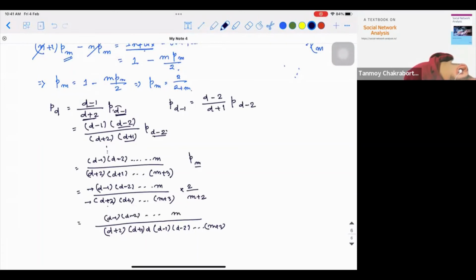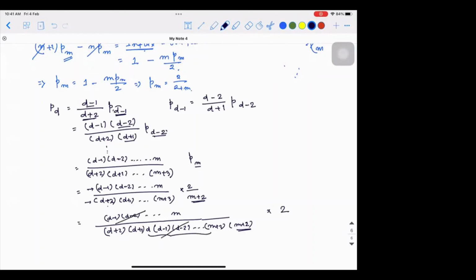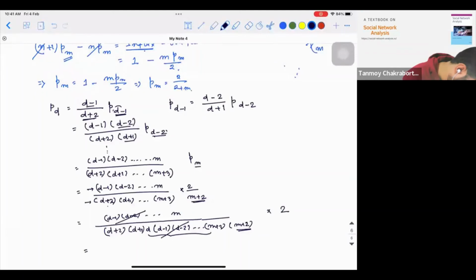Okay, so m plus 3, and you also have m plus 2 because m plus 2 is here. So from d to m, you can cancel out, right? You can cancel out.